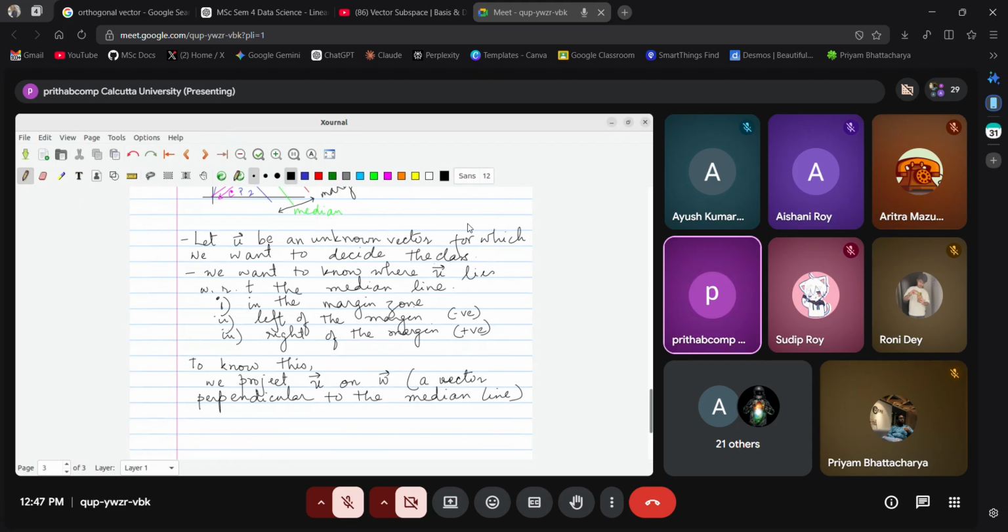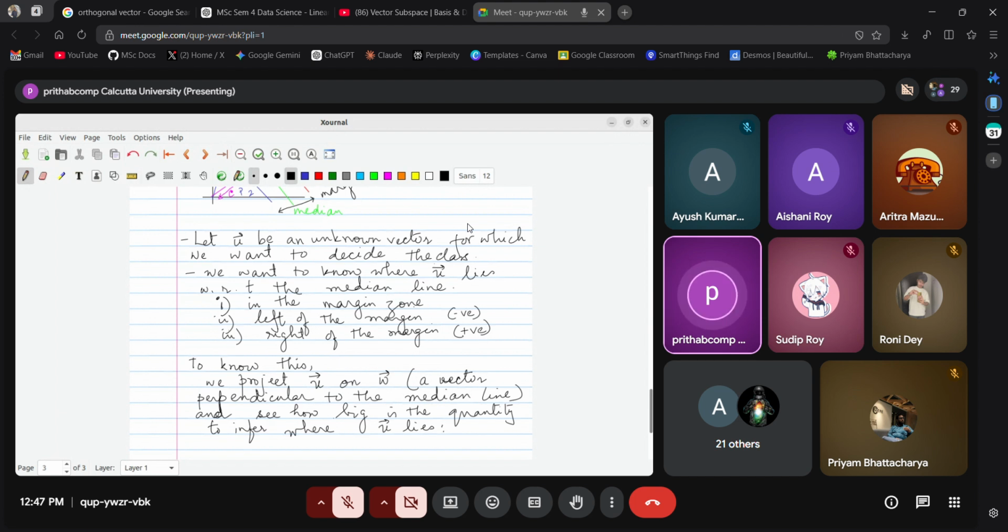And so we project U on W, and see how large or how big is the quantity to infer where U lies.